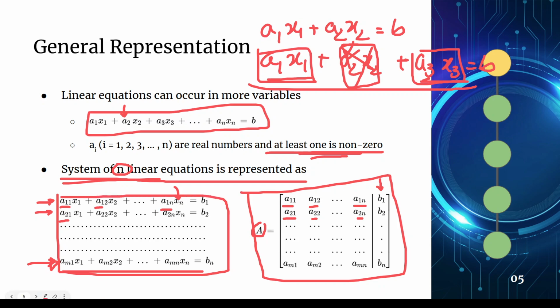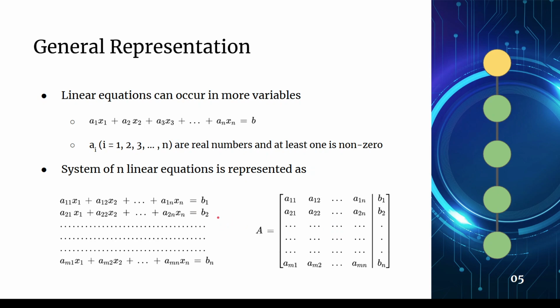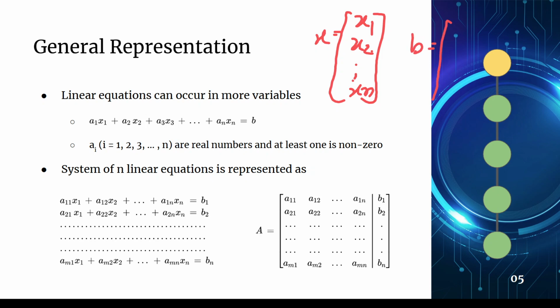There's actually a fun part of this in mathematics. If you know, that's good. If you don't know, if we write x equals x1, x2, dot dot dot, xn, and if we write b as another vector of b1, b2, dot dot dot, bn, and we have over here our A, then you may give it a shot.